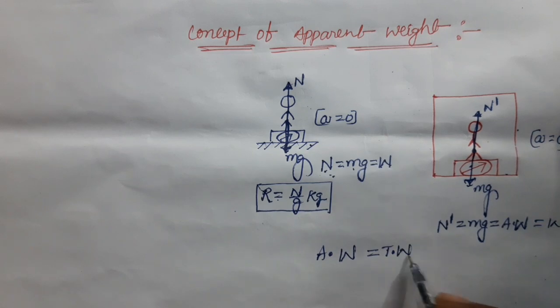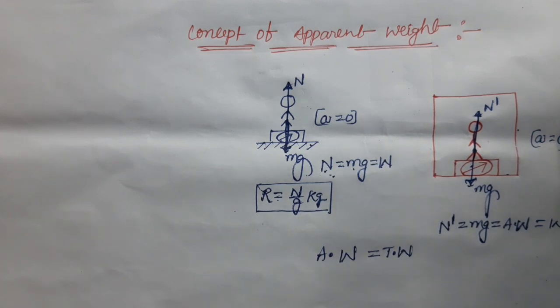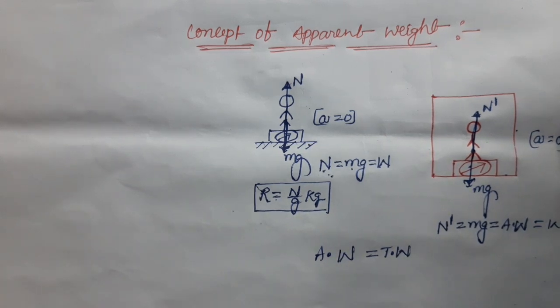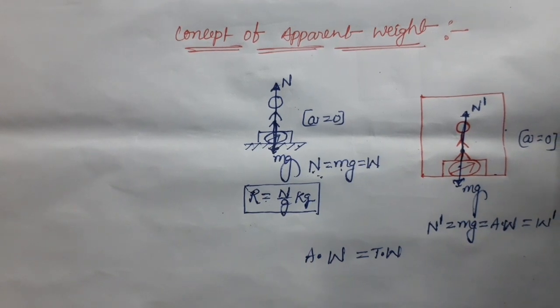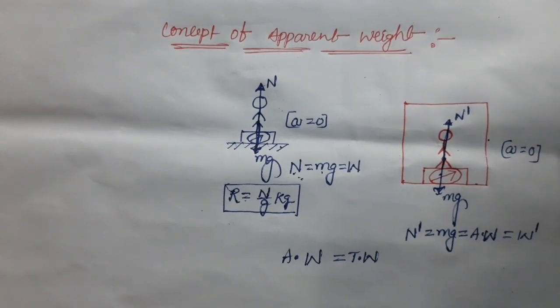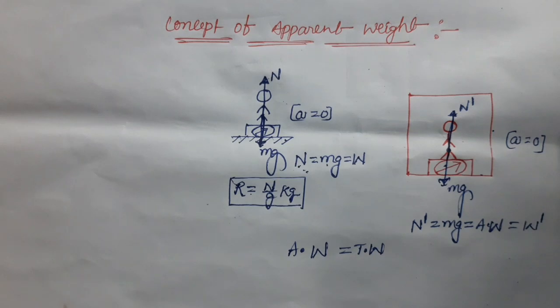Both the apparent weight and the true weight are equal, students. These two weights, true weight or apparent weight, may or may not be equal. I will explain these points clearly one by one. Let us see the following cases, students.